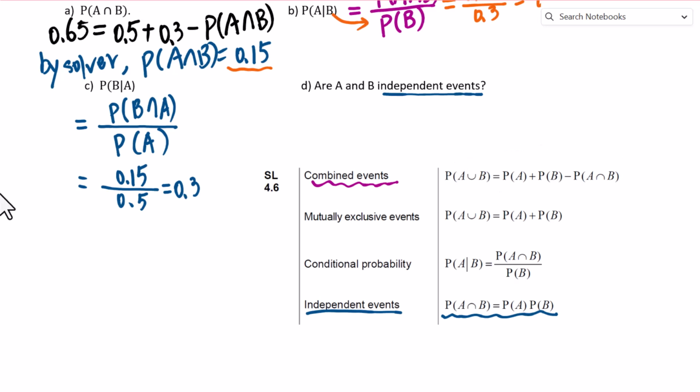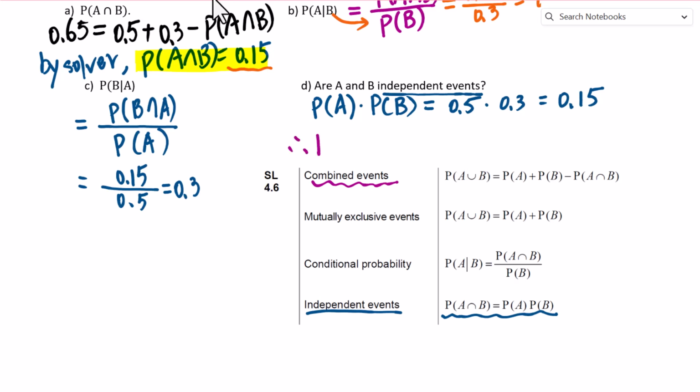First of all, we need to figure out the probability of A times the probability of B equals 0.5 times 0.3 equals 0.15. We already figured out probability of A intersection B equals 0.15.